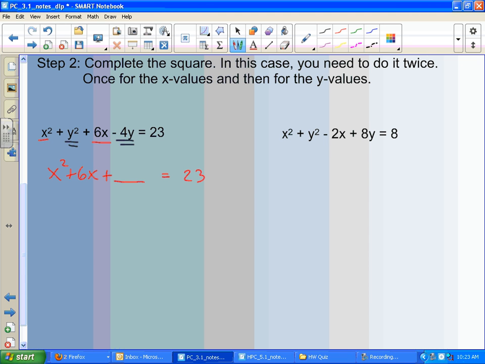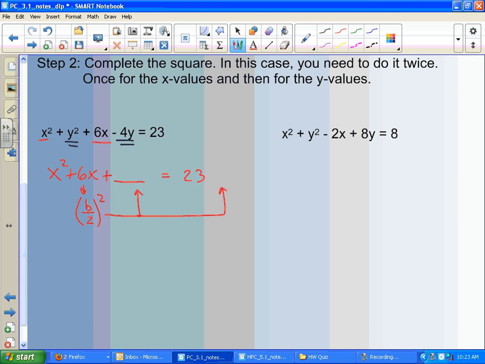All right, help me. What do we do? We've already taken care of our first two steps. What would our next step be, Sam? So, half of 6 and squared. Half of b is squared. So half of 6 is 3. That answer goes right here, and it goes over here.